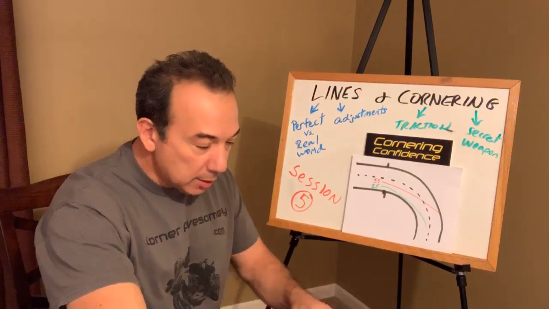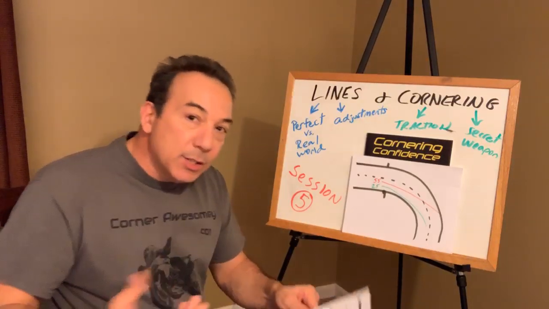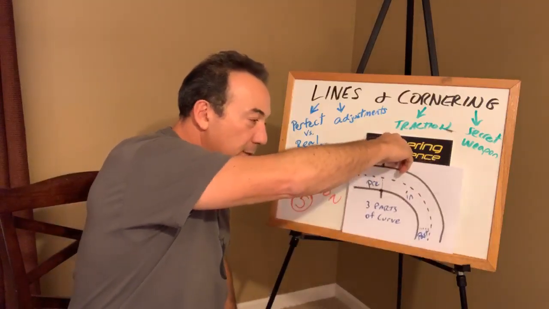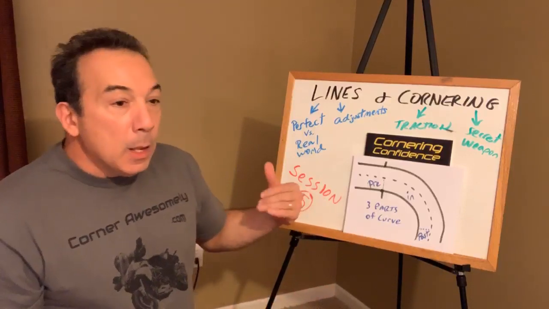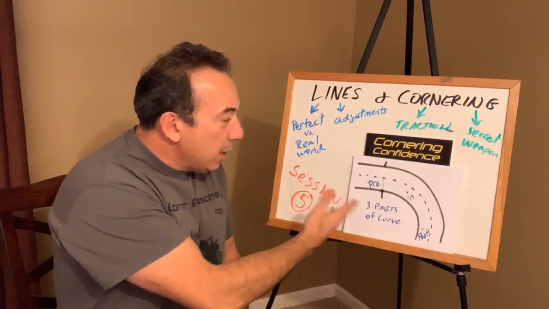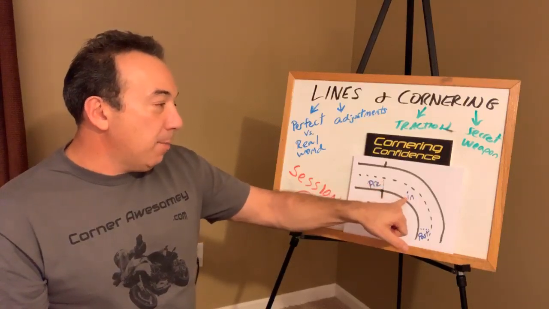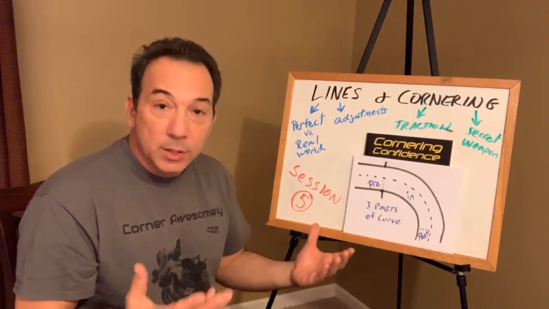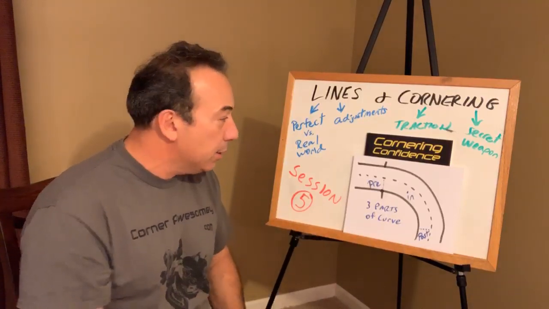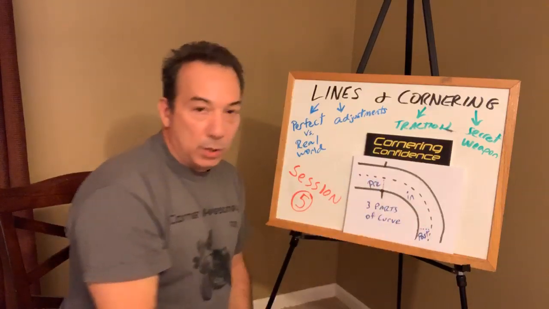Now, I do explain things a little differently to my students than the basic rider course and even advanced rider courses. Instead of talking entry, apex, and exit parts of the corner, which are legitimate places in the turn, I call it a pre-curve, in-curve, and post-curve.